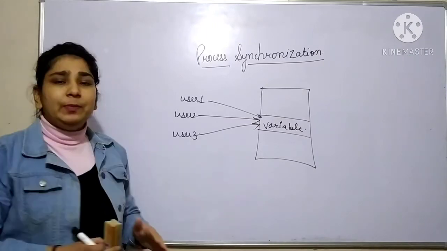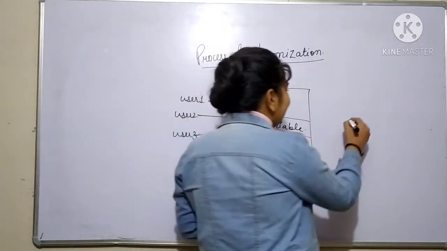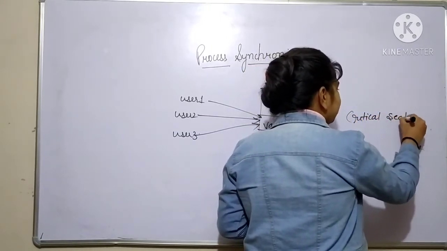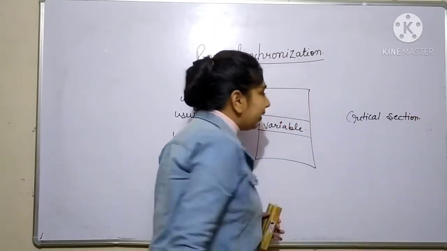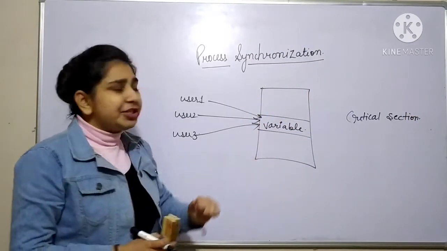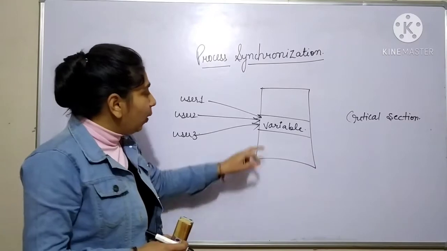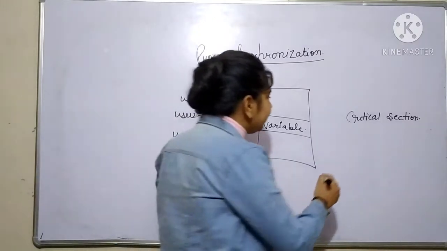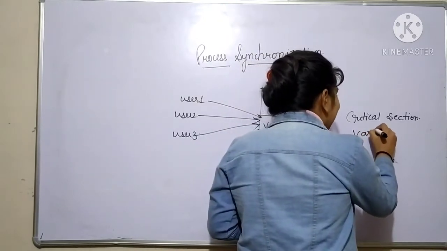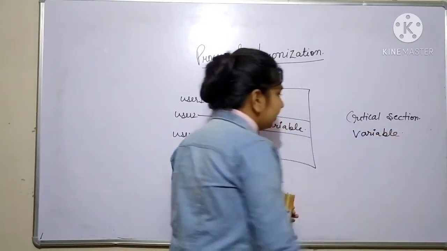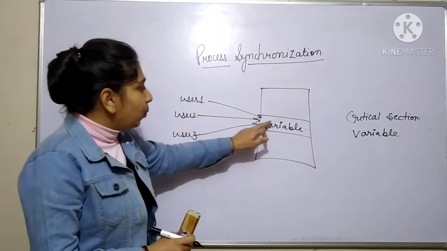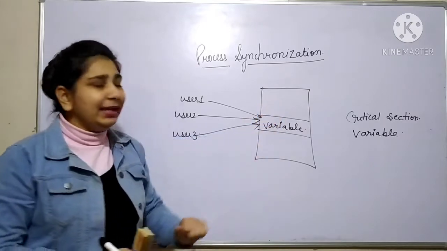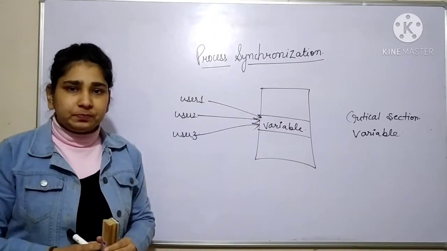What will we be doing? We have a critical section. Whatever your shared variable is, we will keep that shared variable in a critical section. Many users want to access this variable, so this is my critical section.